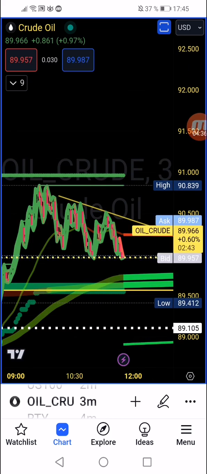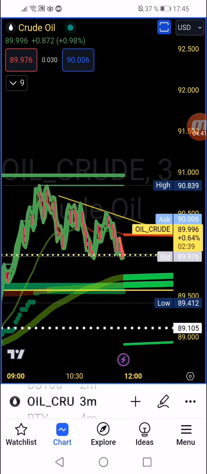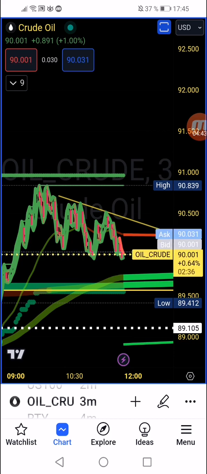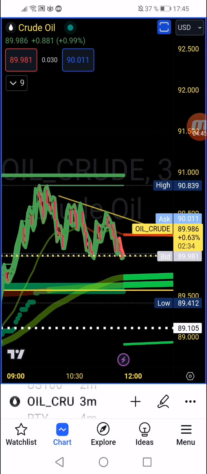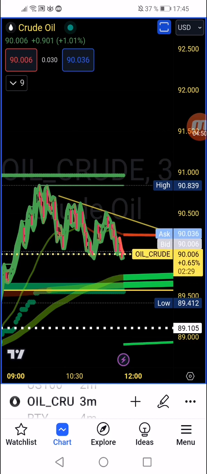Why? Because the indicator shows you the sentiment of the market is bullish, right? If you go short now, you will have 50% and more losing trades.